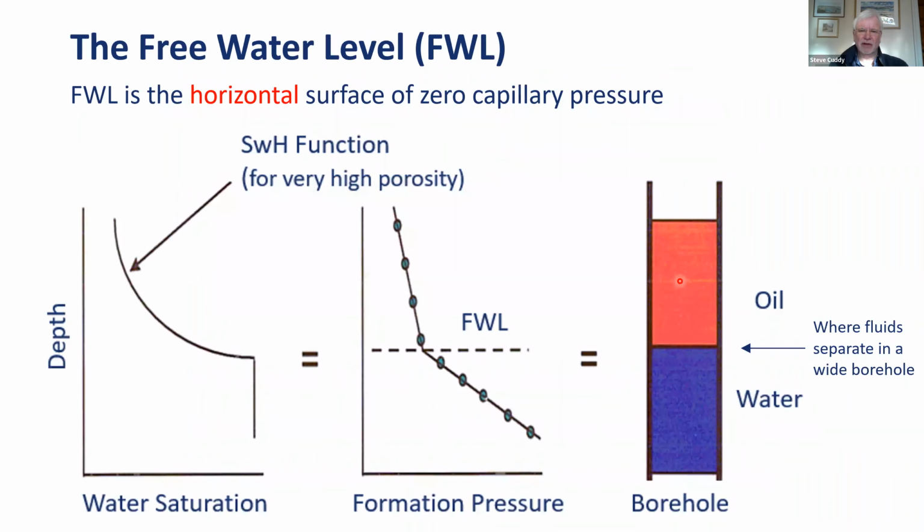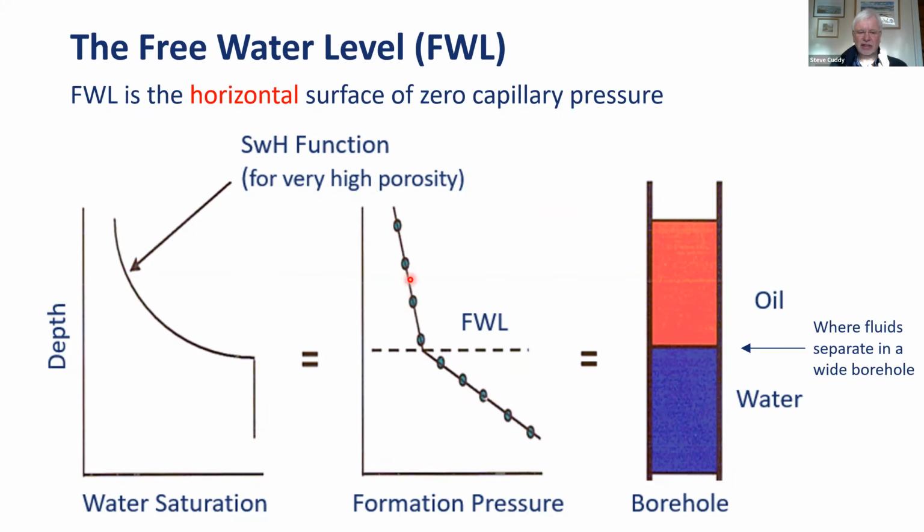Now, the free water level is very important. The free water level is where fluids will separate out in a very wide borehole, as shown here. It is also, as you know, the intersection of pressures: the free water level from the aquifer, the water leg, and the hydrocarbon leg.